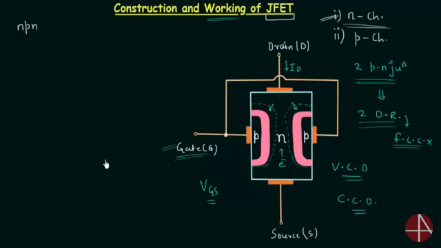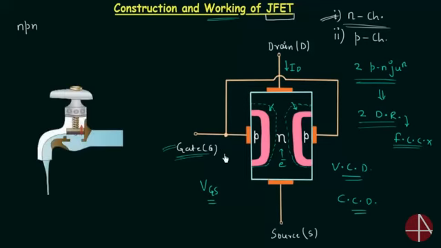But before moving to the complete explanation, I will first try to explain one simple analogy. To understand the working of JFET, we will try to understand the working of a spigot. You can see a spigot on your screen. It is also called a tap. This knob here is called the valve knob.